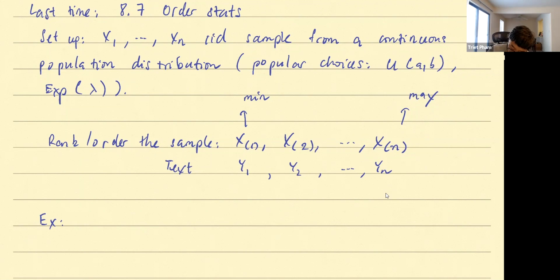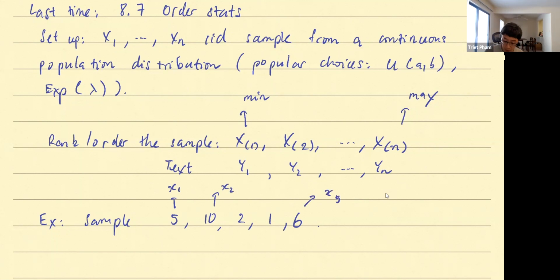I think many folks are still, I've seen students making mistakes about the notation all the time. So let me give you an example. Let's say we have a sample like this: 5, 10, 2, 1, 6. If this is our random sample, then this will be x1, x2, and this is x5.